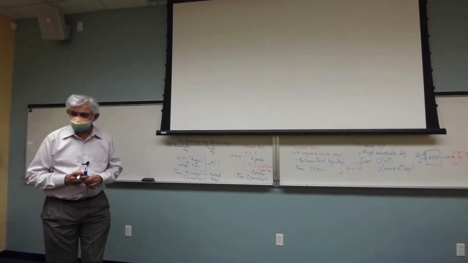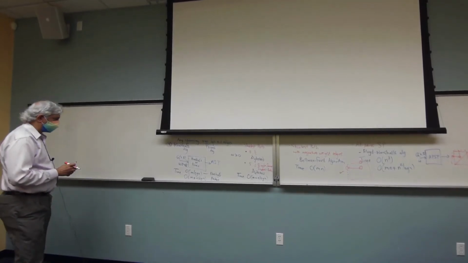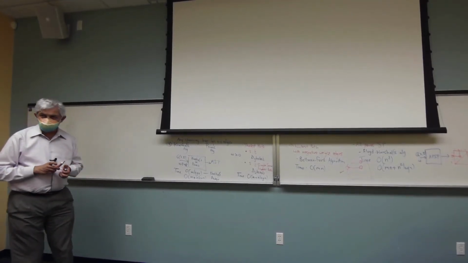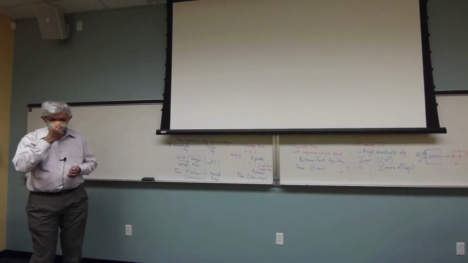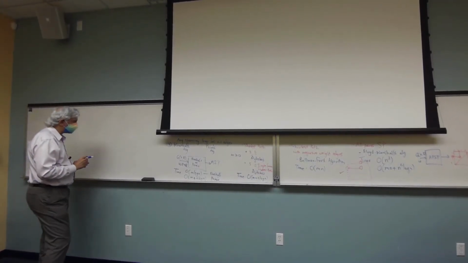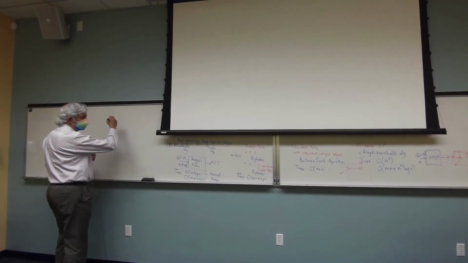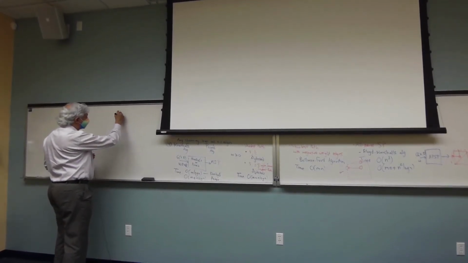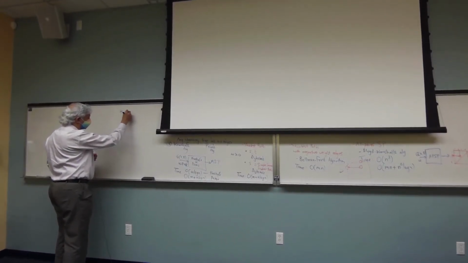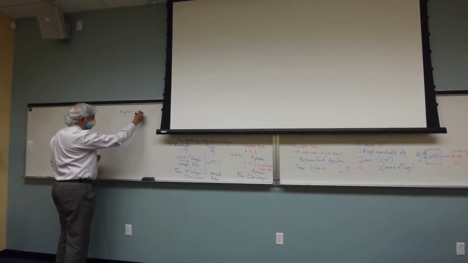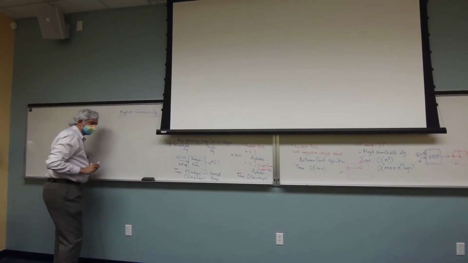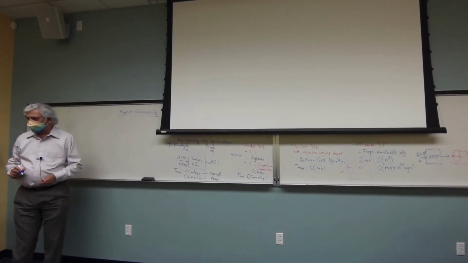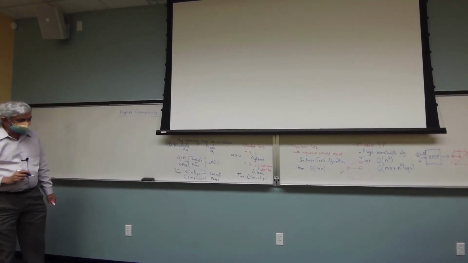Any other questions? All right. So we're talking about the next level of complexity as far as these problems go. It turns out that the next level is what I'm going to call higher connectivity. What does that mean?